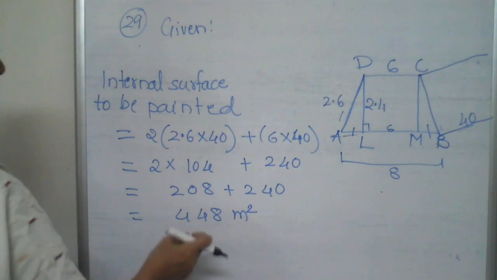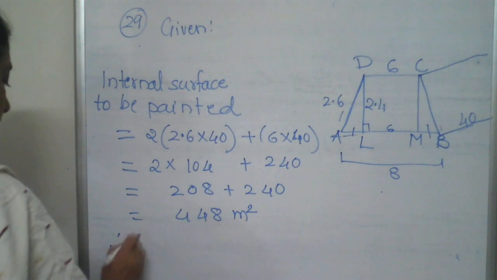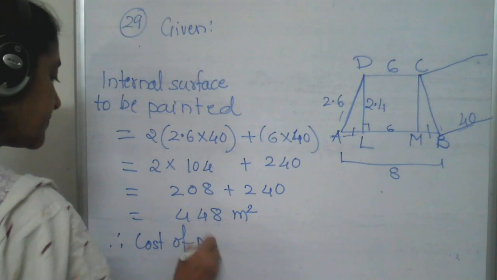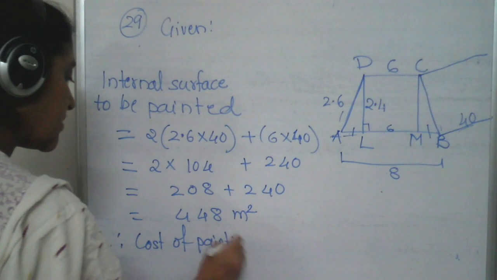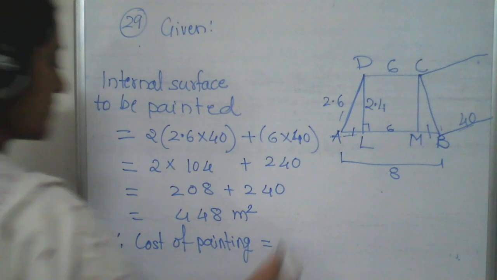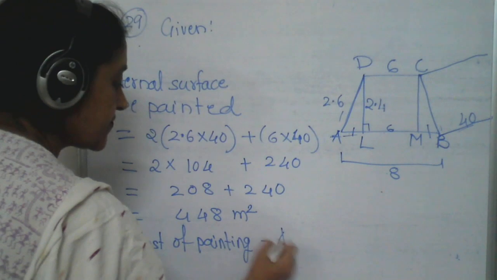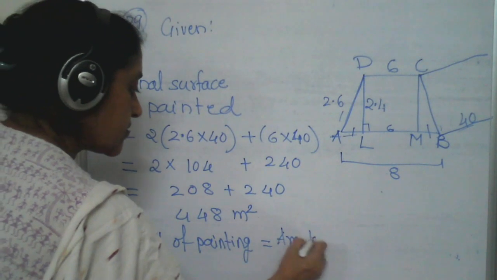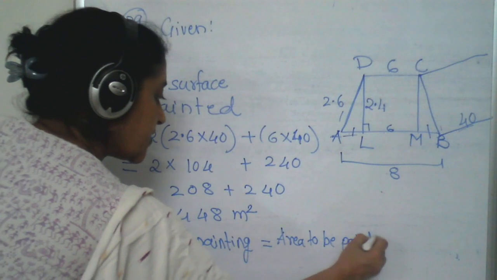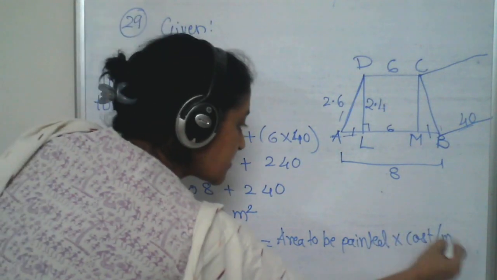But I have to find the cost of painting. Therefore, cost of painting is equal to area to be painted into cost per meter square.